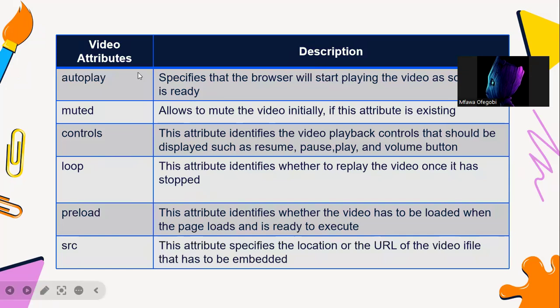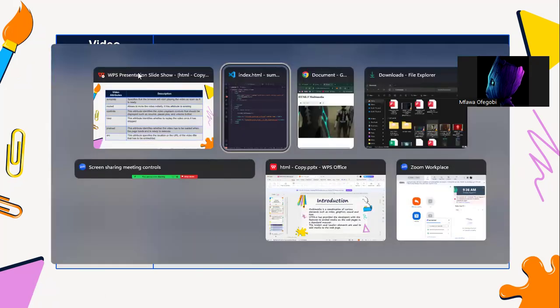There are video attributes as well. The autoplay attribute specifies that the browser will start playing the video as soon as it is ready. So let's add the autoplay attribute to our video.